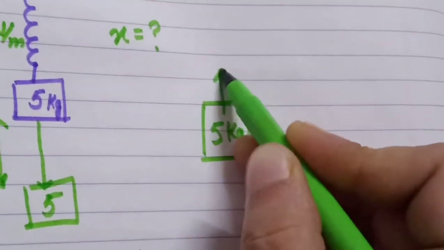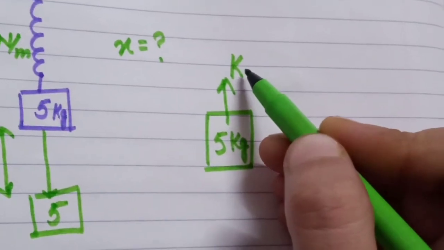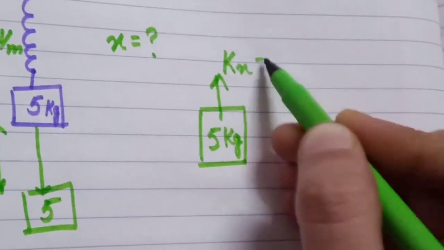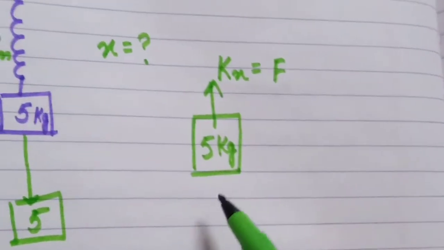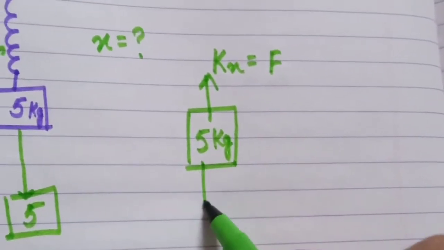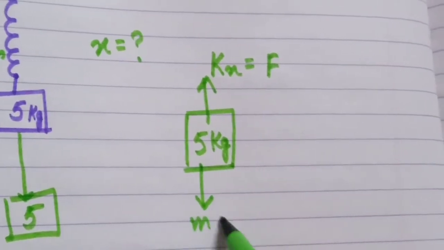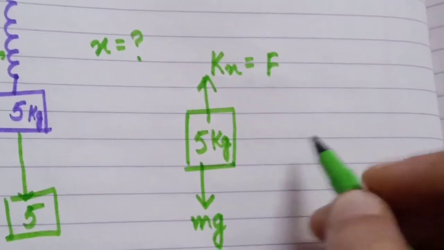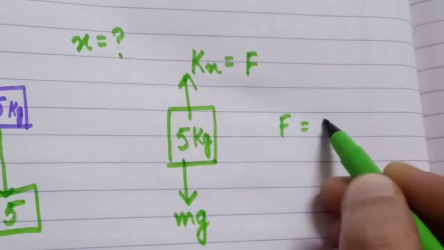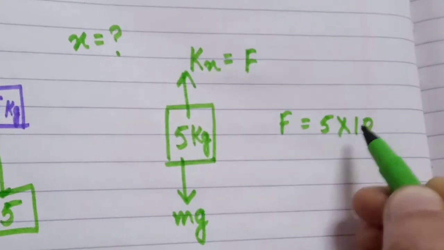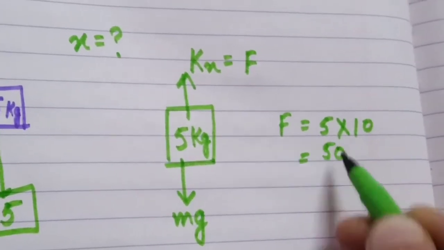There is Kx, or you can say F, and in downward side M into G. So F is equal to 5 into 10, means M into G, 5 into 10 is equal to 50.